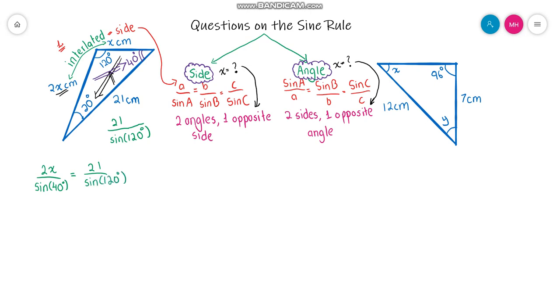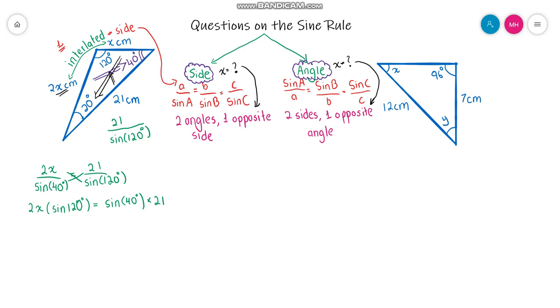Now when we cross multiply, we get 2x multiplied by the sine of 120 equals sine of 40 multiplied by 21. Now in order to cancel out the sine of 120, we'll do it step by step.